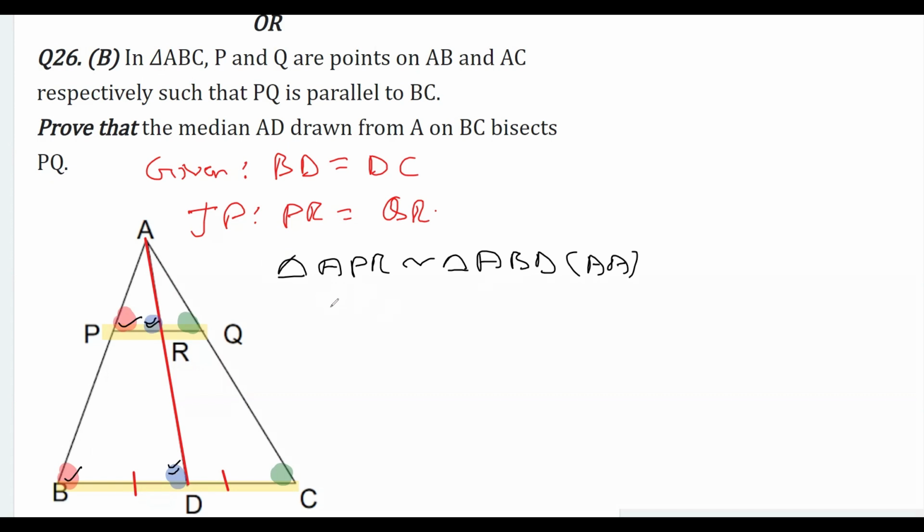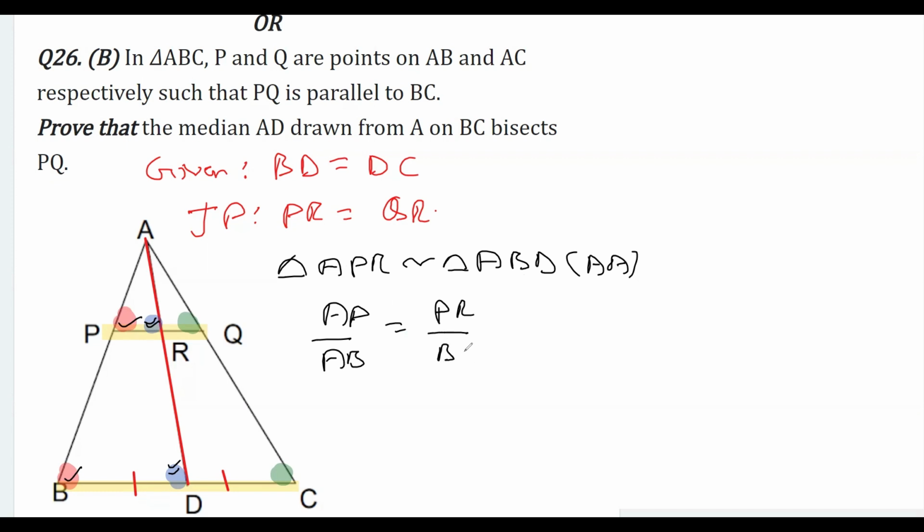Therefore, we can write these sides proportional. I take AP over AB because AP corresponds to AB. So AP over AB is equal to PR over BD, as we have to prove PR equal to BD. PR corresponds to BD.